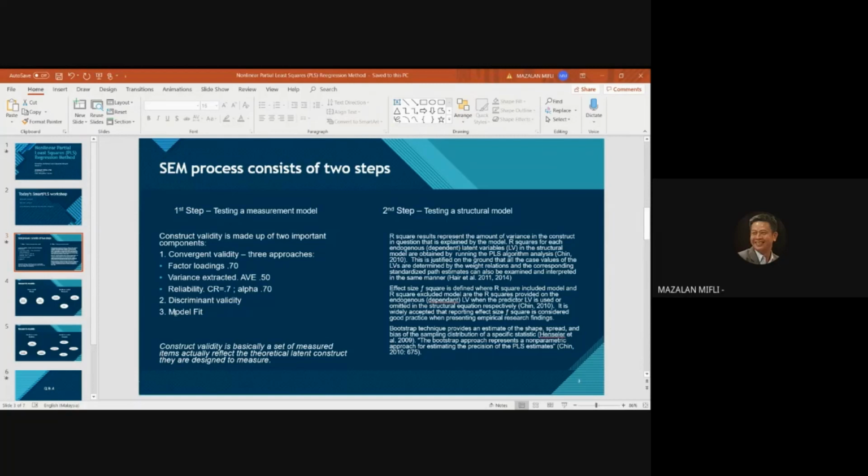Some of the reviewers want you to report the model fit simply because Smart PLS3 has it readily available to check your model fit, and they want you to report that.